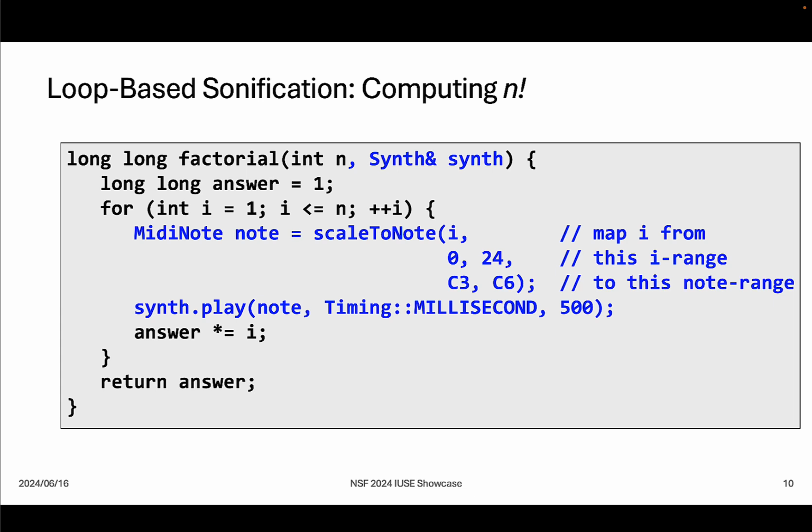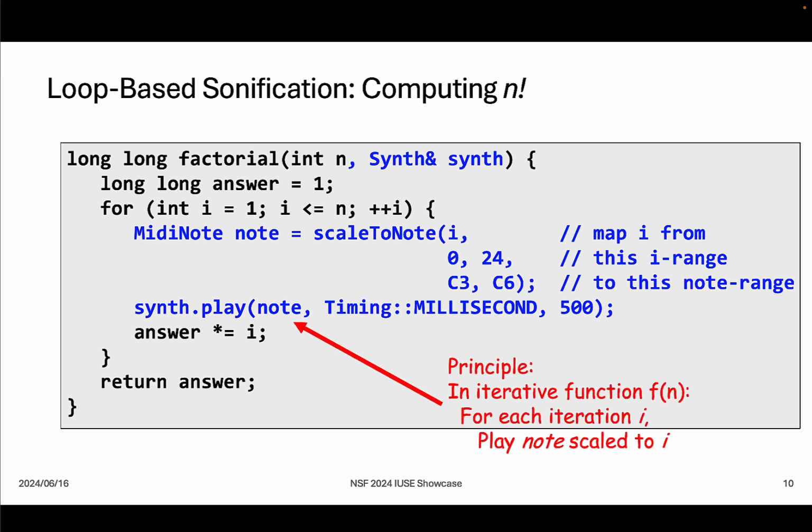Inside the factorial function, we compute a MIDI note each iteration of the loop, and we scale the value of that note to the value of the loop control variable I. Once we have that note, we play it for half a second using the synthesizer.